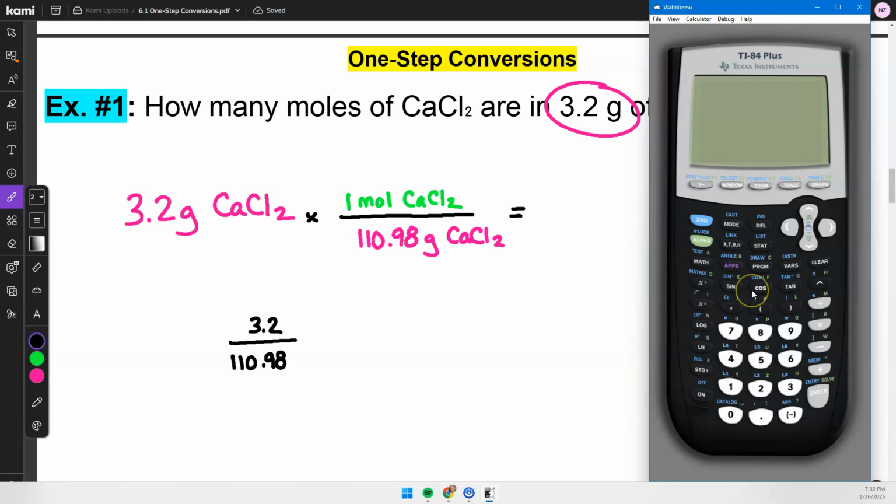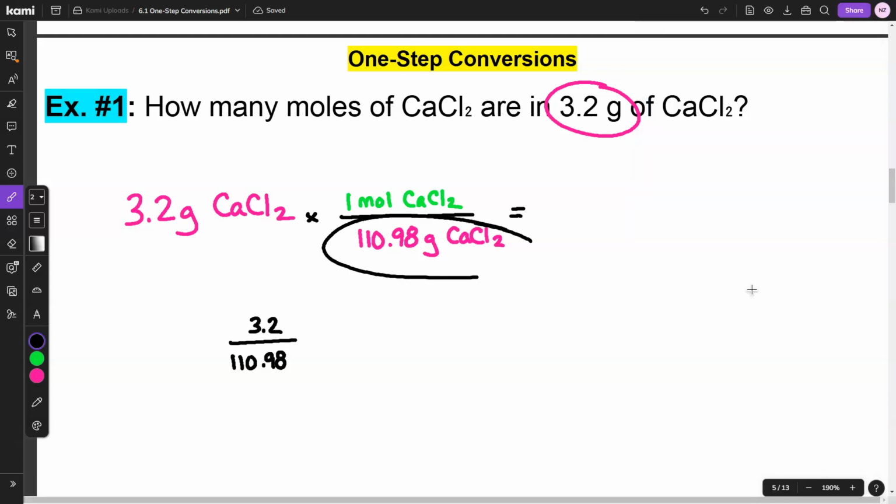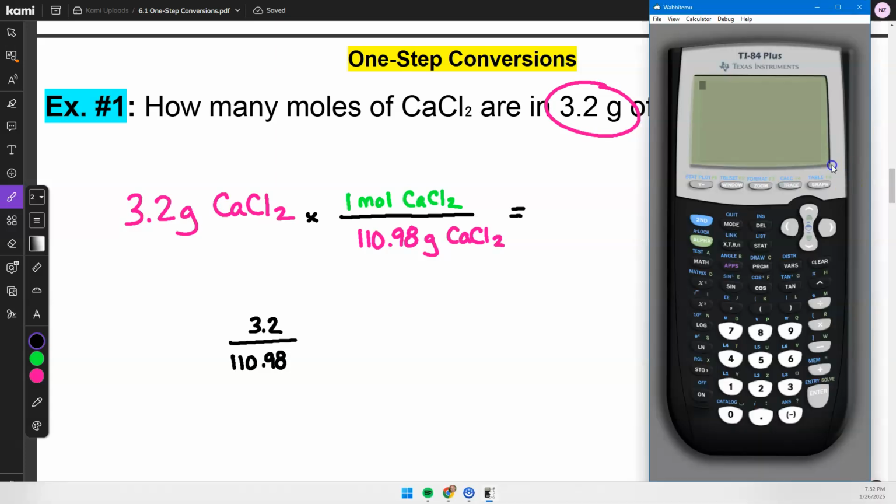So an easy way to remember this, and this only works with conversion factors that have a 1 in them, if your number is in the denominator, like what is here, you're going to divide. If it's in the numerator, you're going to multiply. So it's going to be 3.2 divided by 110.98, and we get 0.